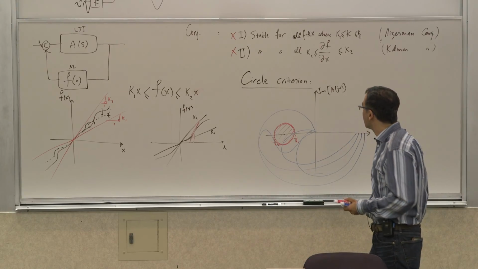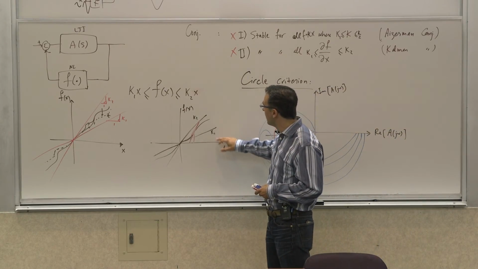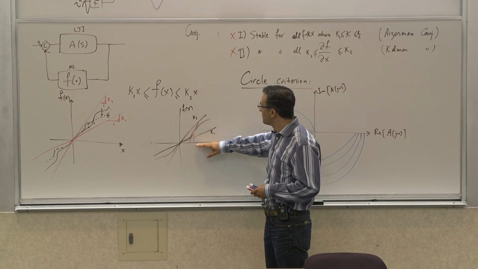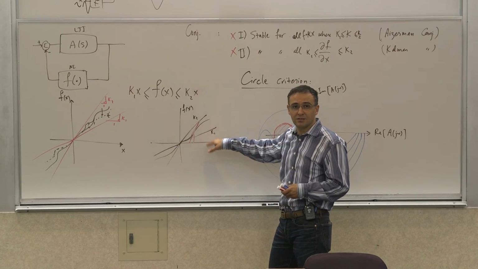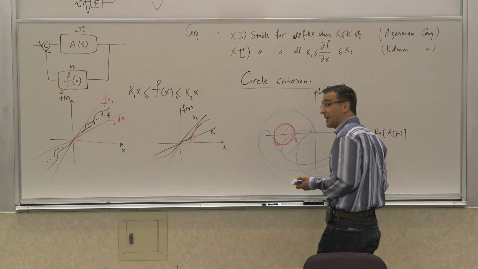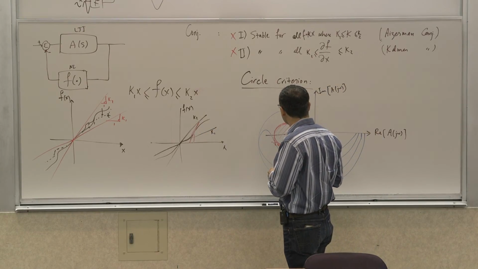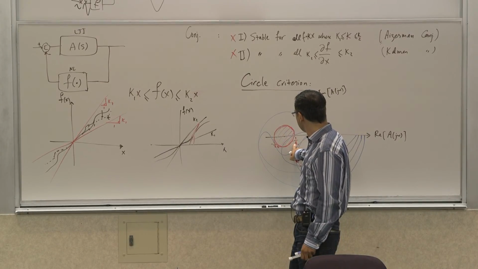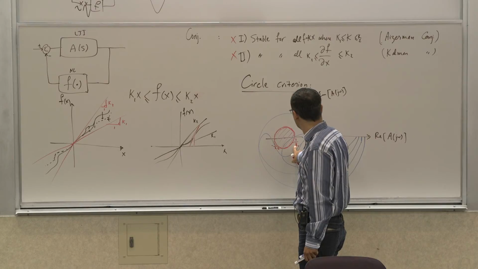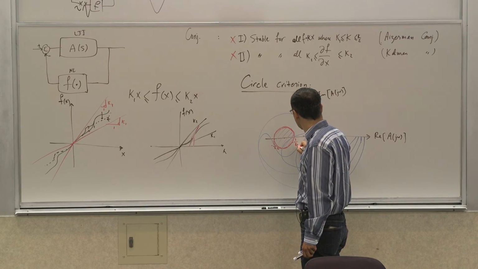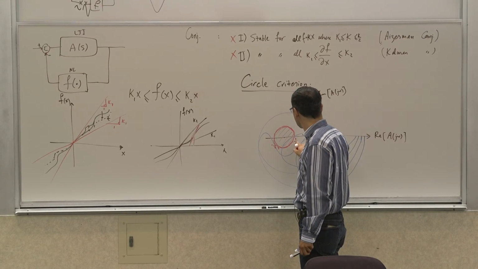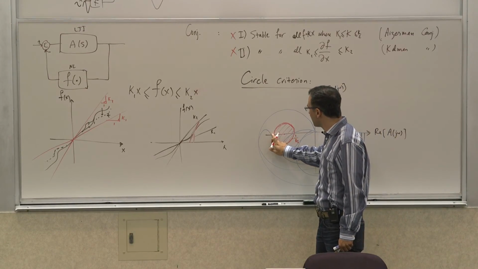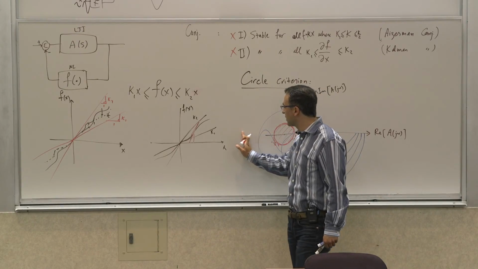And there's a special case of this, by the way, which is basically if K1 is 0. So basically, the nonlinearity is bounded in this direction by a flat line, which is the case for some of the nonlinearities. In that case, what this circle criterion does is that essentially, actually, no, this should be K2 and this should be K1, because K1 in that case becomes smaller and smaller, which means that this point becomes larger and larger.